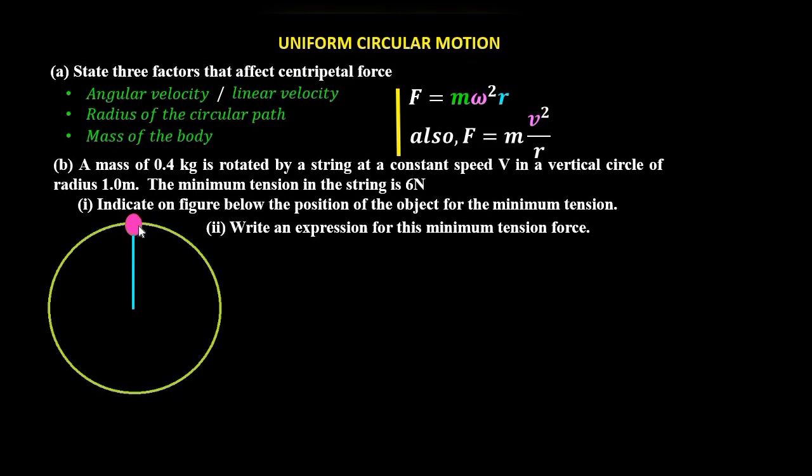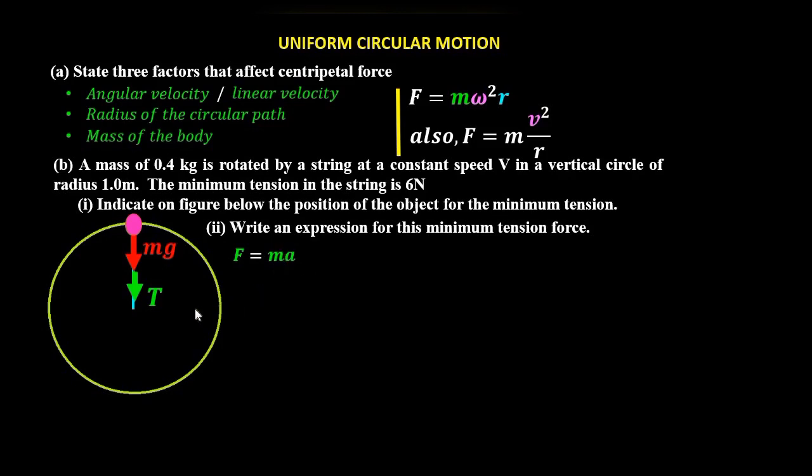On this object, we have its weight acting towards the center of the circular path, and its weight is given as mass times gravitational acceleration. And beside that, we also have the tensional force acting on the string, so that by Newton's second law of motion, the centripetal force, which is given as ma, now this is the resultant force.